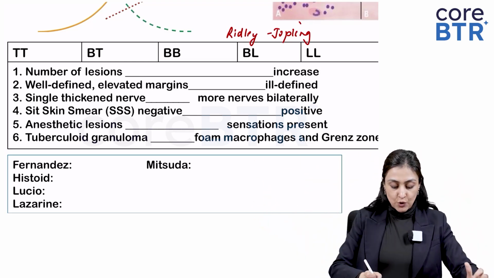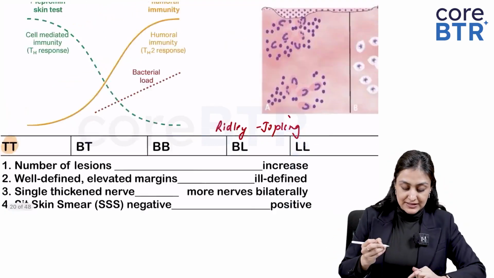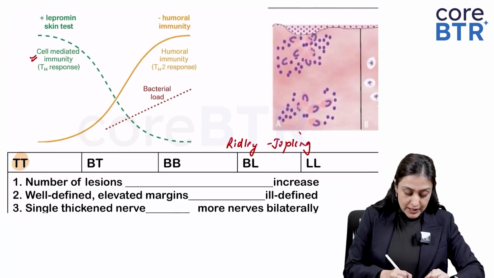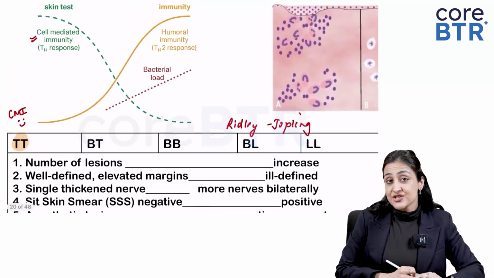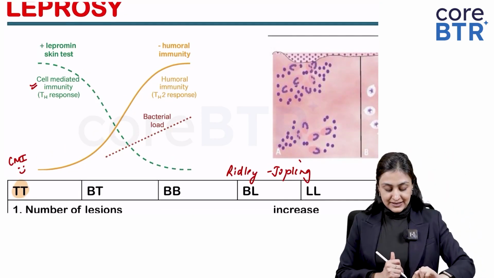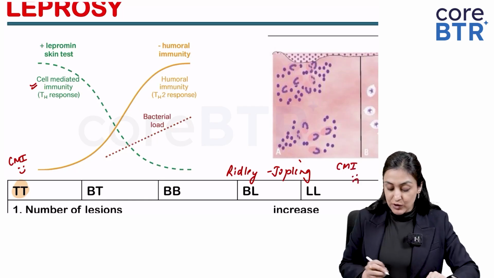So one pole is called as the tuberculoid pole, and this pole essentially represents the area where our cell mediated immunity is very good. So tuberculoid, just like having TB, your immunity is good and you have granulomas, that's the type that is TT. But if your immunity is weak, you don't have T cell immunity, now what will the body do?